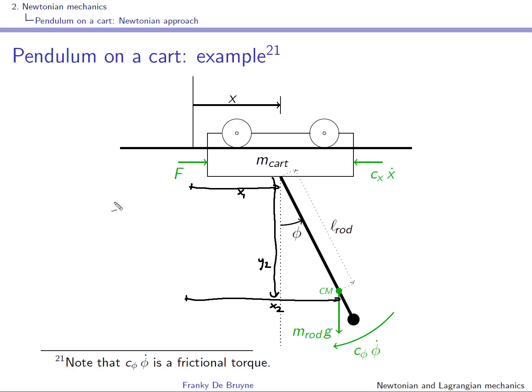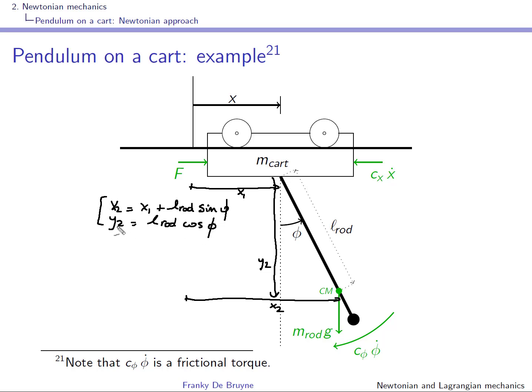Okay, so we have x2 is equal to x1 plus this distance here, and of course that's L rod times sine phi. You see that if phi is 0, x1 and x2 are equal, of course, and y2 is equal to L rod cosine phi.